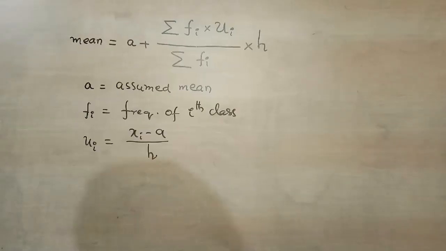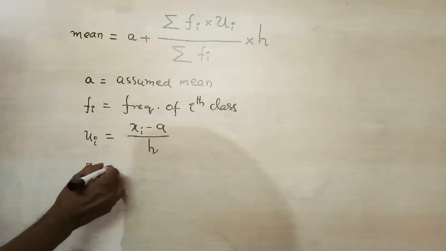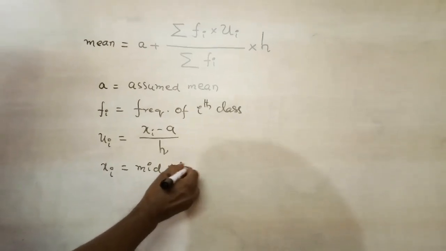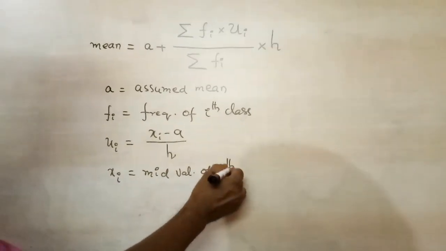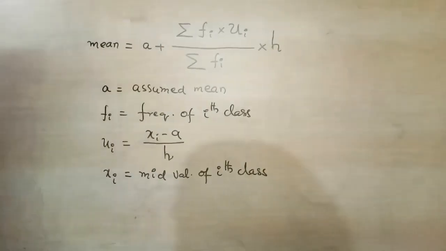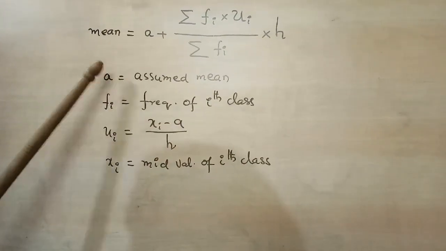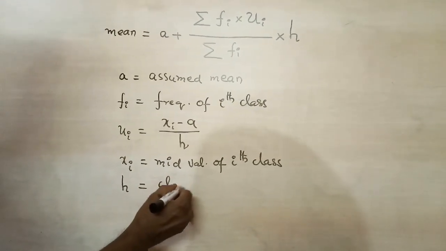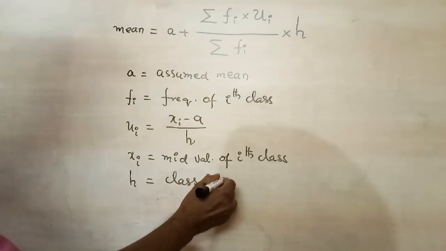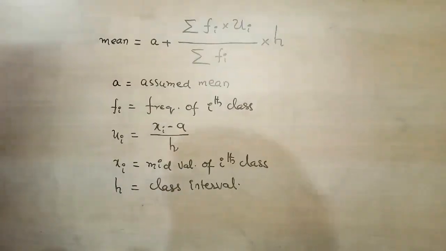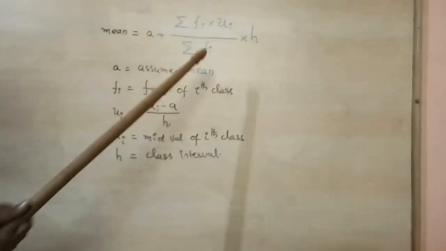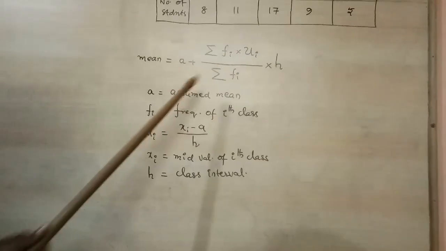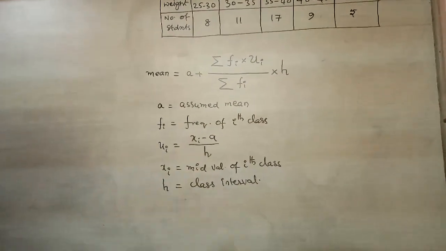Xi means mid value of ith class. H means class interval. Here we know about A, Fi, Ui, H and Xi.